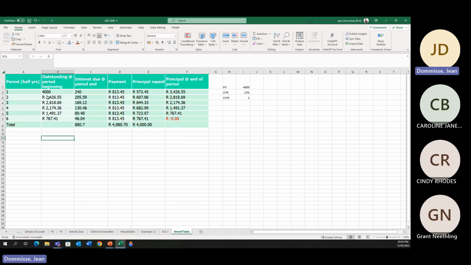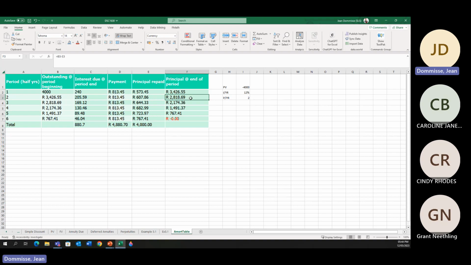So you can see in this table now, the first one we calculated, then I just used the formulas. So that would be your new value. Worked out the interest, payment stays the same. Your principal repaid becomes a bit more because of subtracting the two. You get your new value.